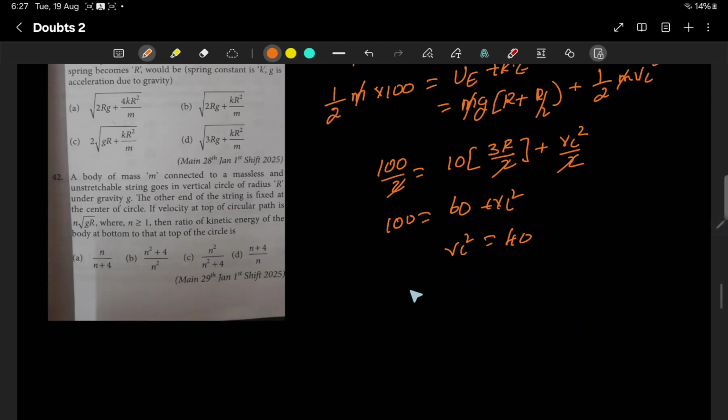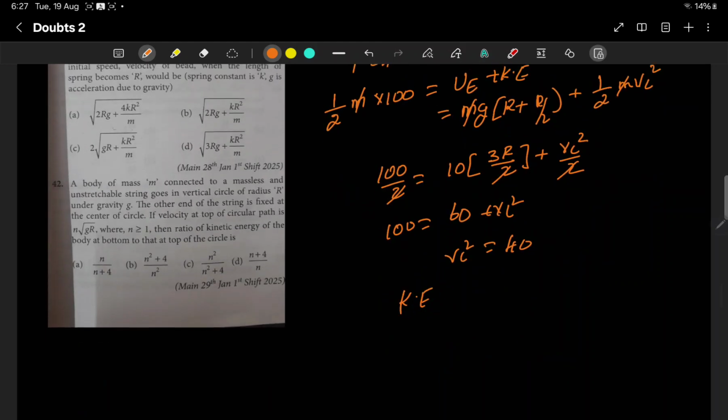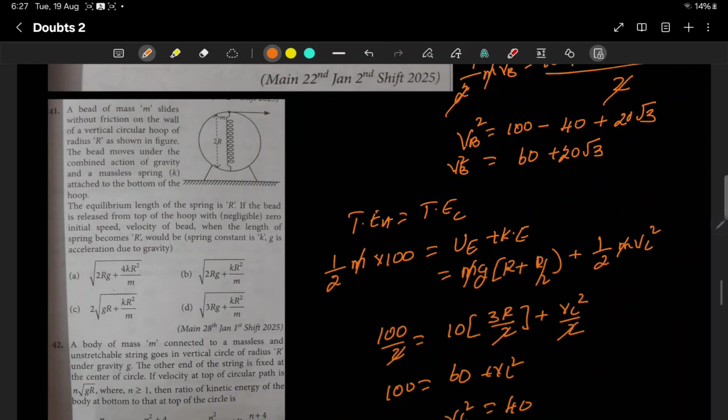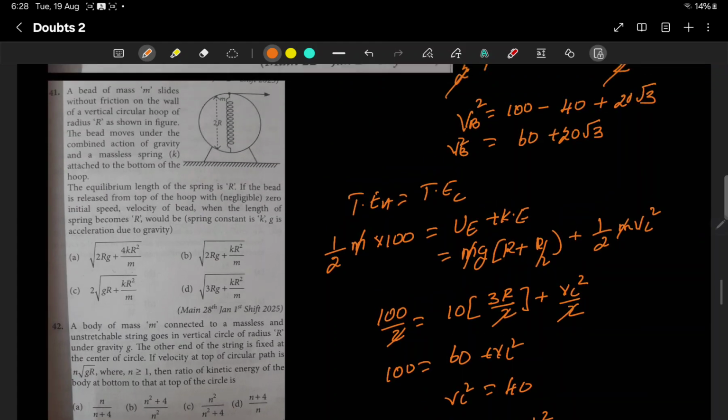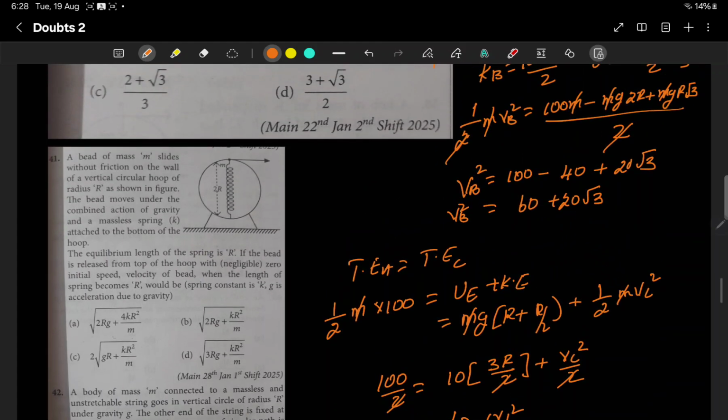Now the question is the ratio of the kinetic energy B and C. So kinetic energy B and kinetic energy C is half mvb square by half mvc square. Half m will get cancelled, giving vb square by vc square. Vc square is 40, and vb square is 60 plus 20 root 3.